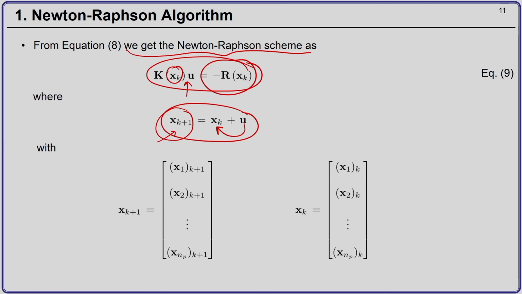If it is not, then we will again solve equation 9 with x k plus 1. Instead of x k, now we will solve with x k plus 1, and then we will get a new value of u, and this will be done till the convergence is achieved.